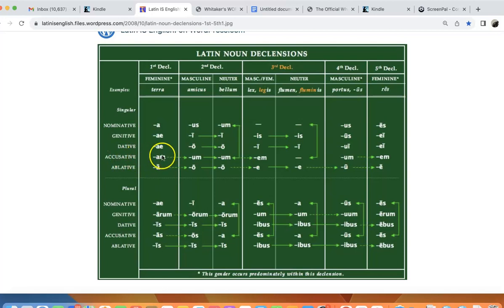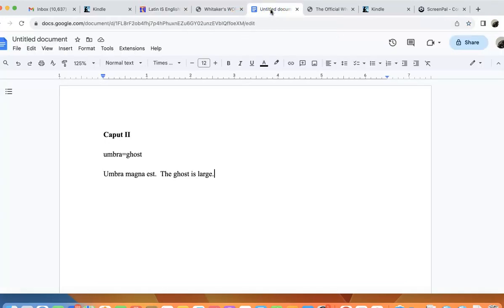And so I'm going to jump down to the accusative here and use this ending, am. So now I'm going to say the ghost, and then I'm going to say umbram magnam vidit.